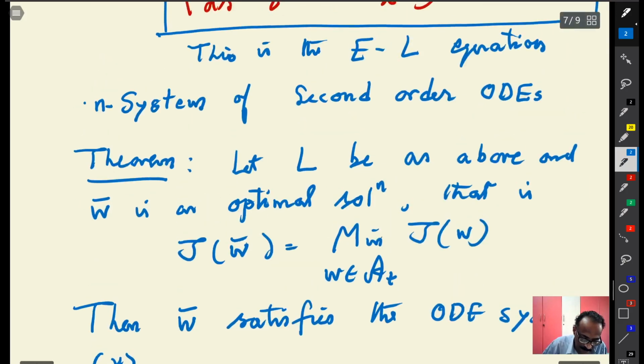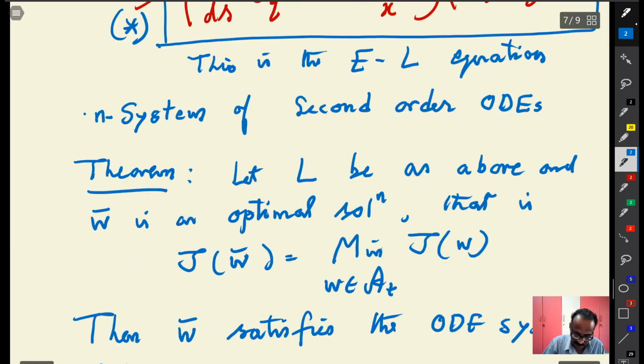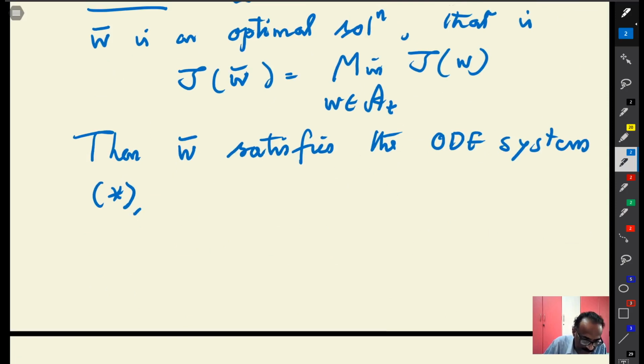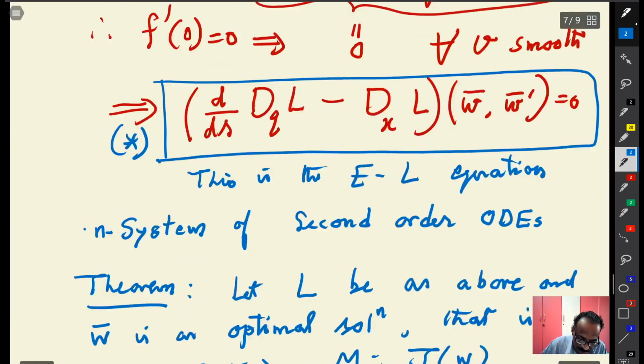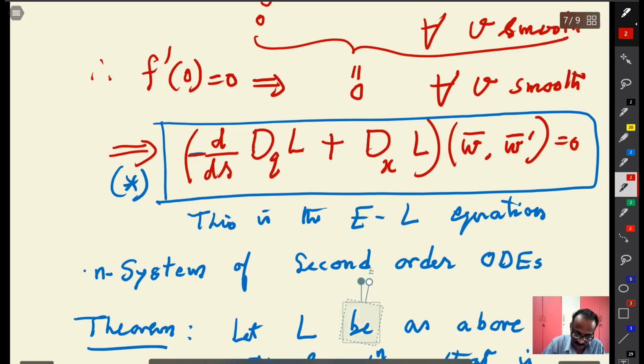What is star? This is your star. System star, that is, d by ds. Maybe we'll put it whichever way you like, otherwise don't get confused. Both are the same, minus here, plus here, because it's an equality equal to 0.